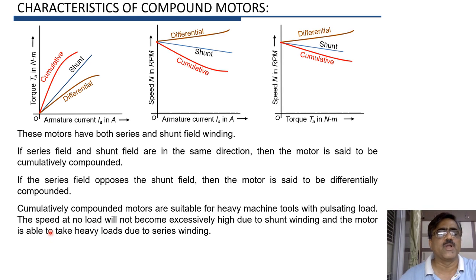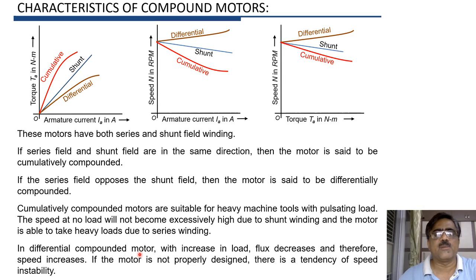But in compound motor, both the windings are present, series as well as shunt. And that's why with cumulatively compounded motor, we can obtain high starting torque. At the same time, the motor can be operated at heavy load, and therefore it is suitable for heavy machine tools with pulsating loads. Whereas differentially compounded motor, with increase in load, flux decreases.